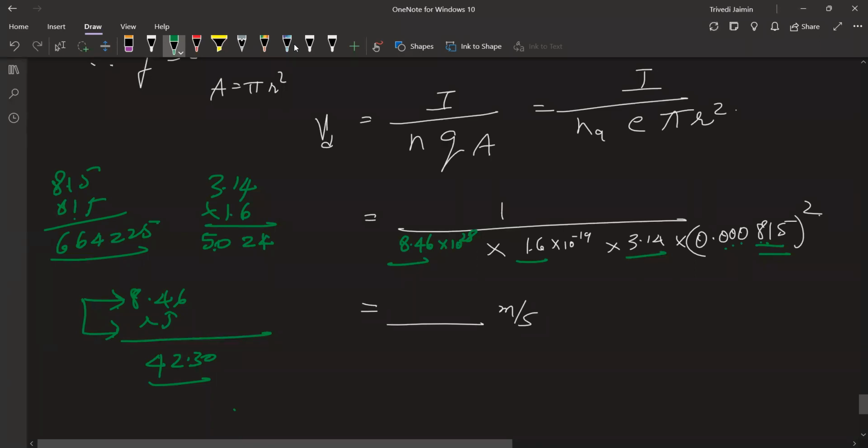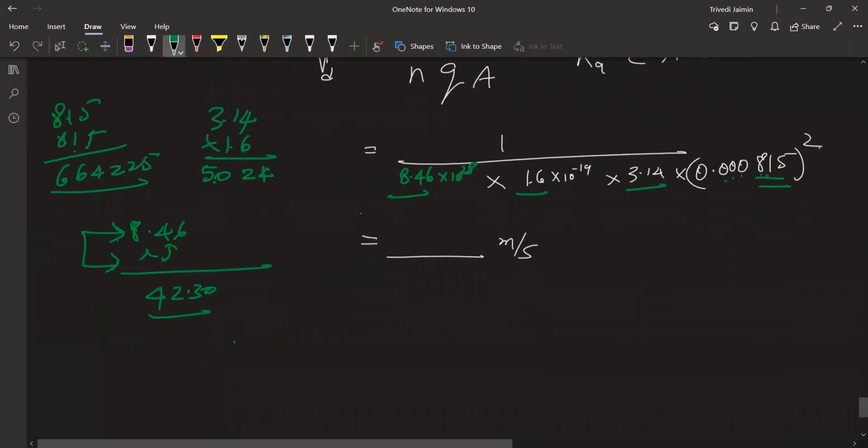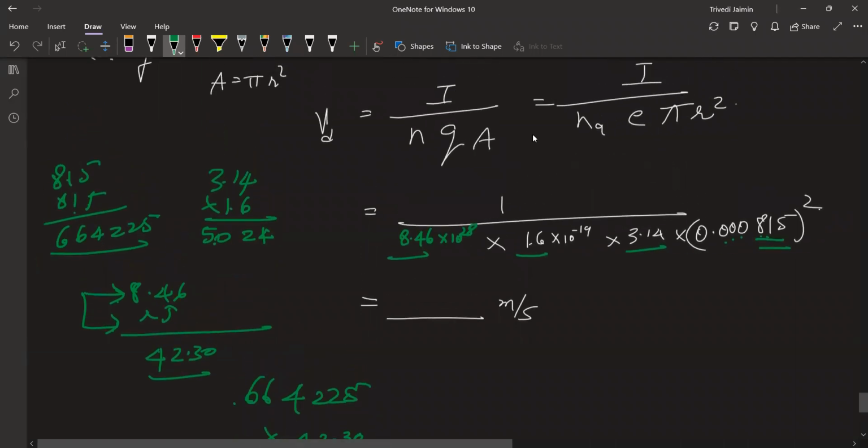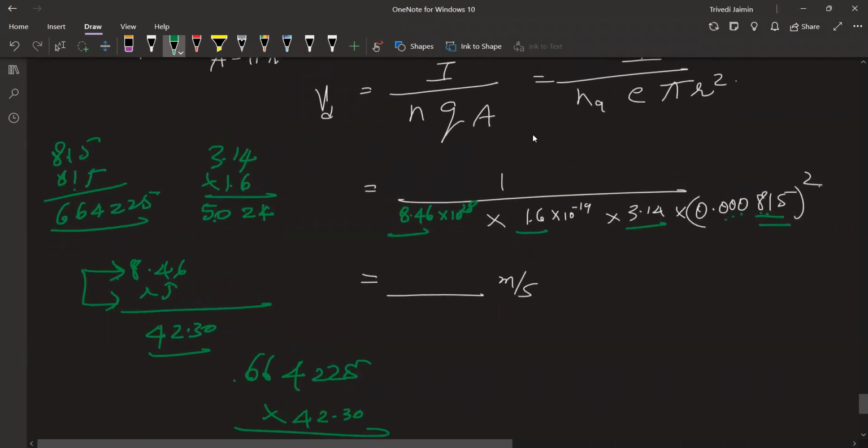This is a long calculation. And again, we have to divide by 1. Yeah, I can understand your pain now. Sir, I directly did it, sir. Okay, what did you do directly? I divided the whole product by 1, and 0.00815 squared is there, no, sir.